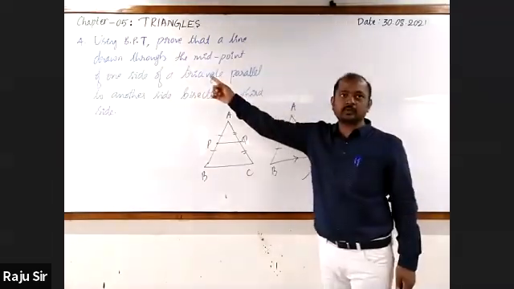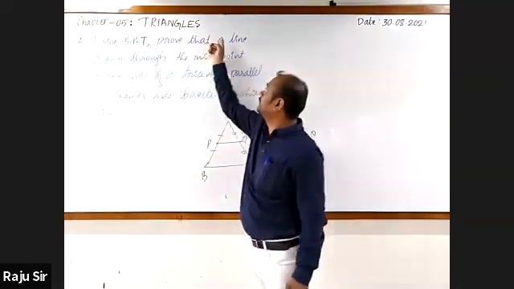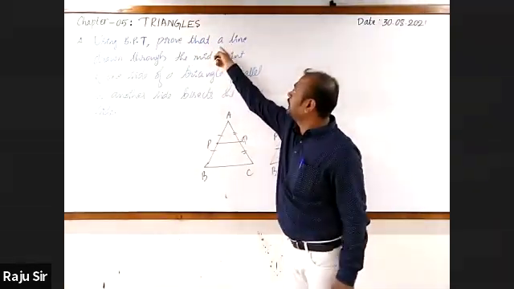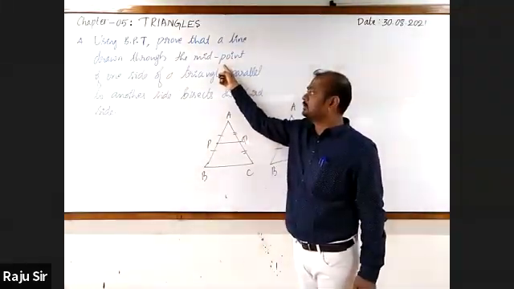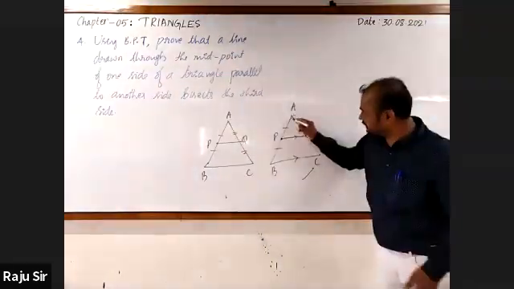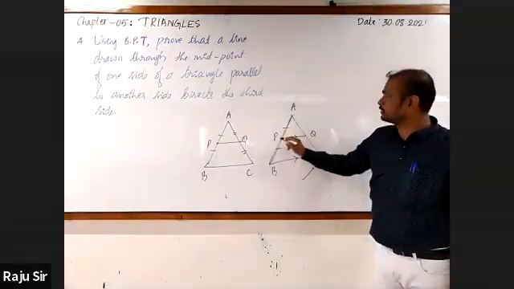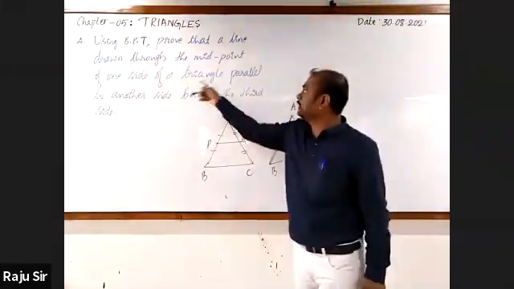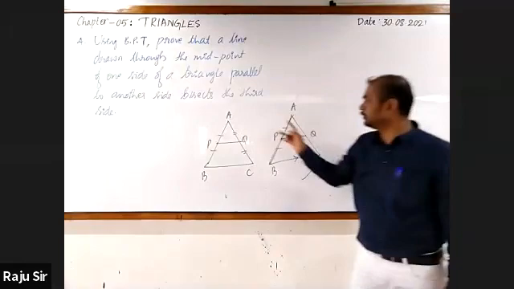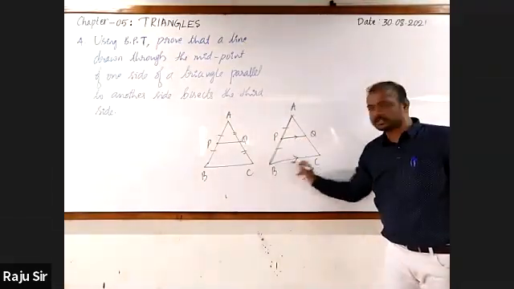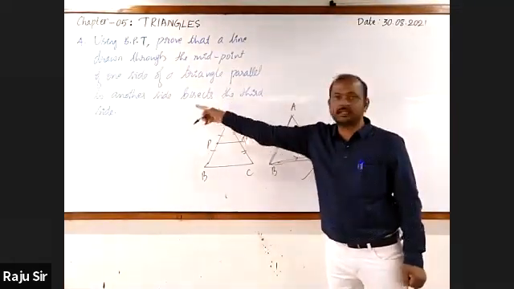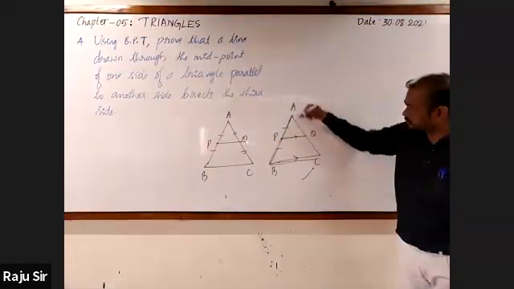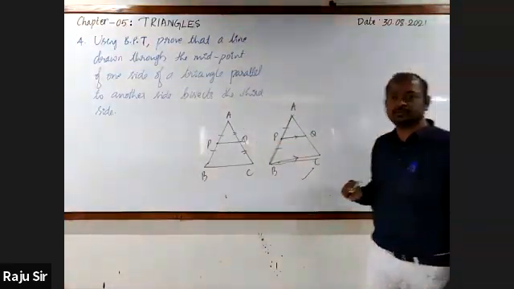A line drawn through the midpoint of one side of a triangle parallel to another side bisects the third side. We have to prove that AQ equal to QC, right?